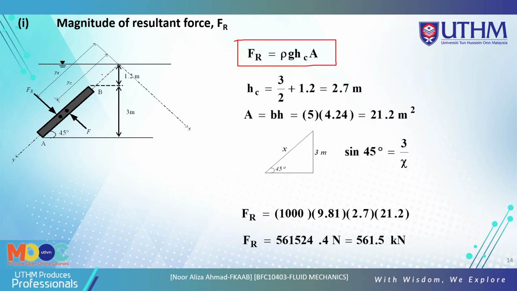To get the HC, actually HC is 3 over 2 times 1.2. HC is at this part, at the center.